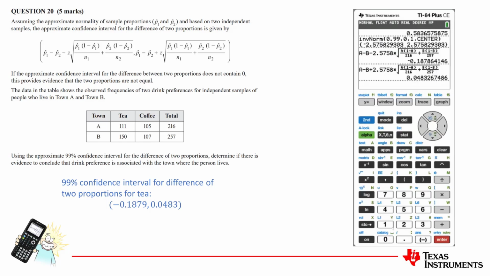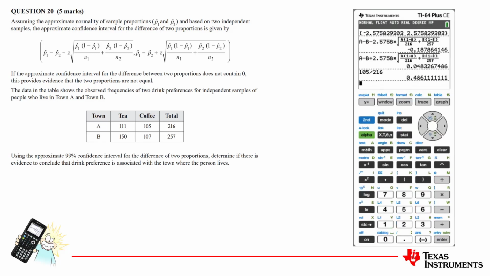If I did want to do that, I could take 105 over 216, so this is my proportion for coffee instead of tea in town A. I'm going to store that again as A, and I'm going to do the same thing for B. So I'm going to take 107 out of 257, and store that one as B. Now I've changed what the variables represent, but I haven't actually changed the equation that I was looking at before.